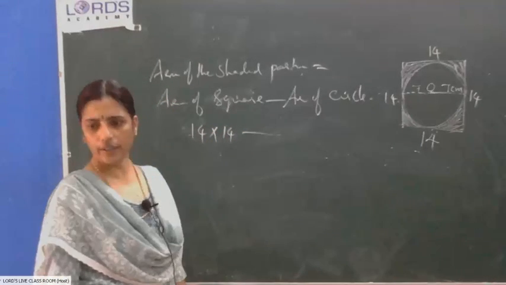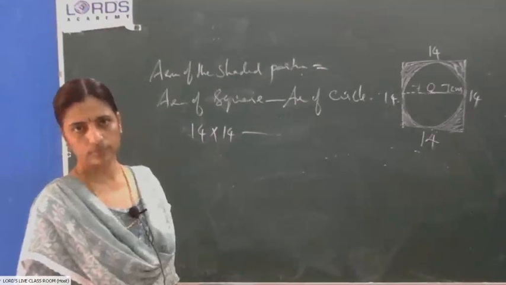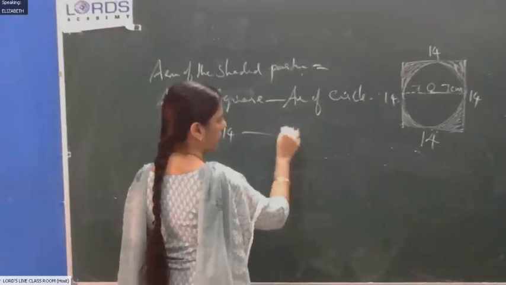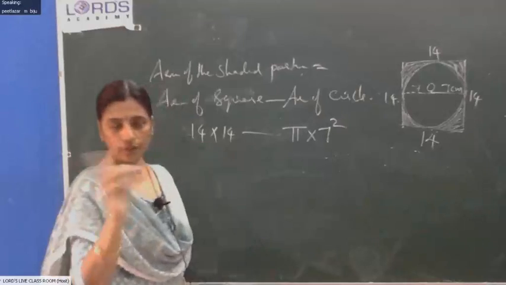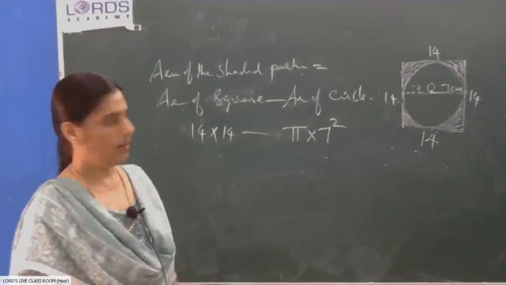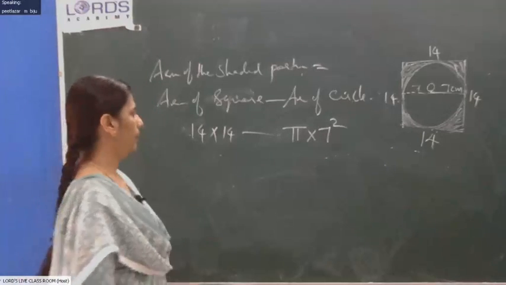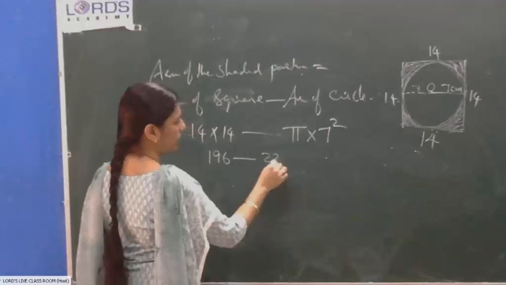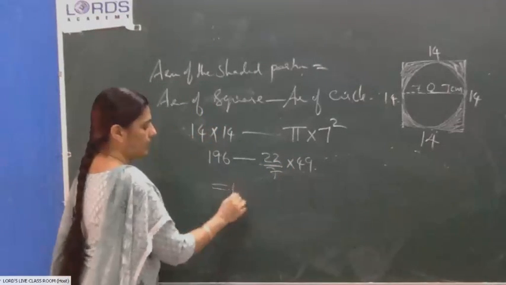What is the formula for finding the area of the circle? Pi r square. Pi into what is r? 7 square, not 14. R is 7. Got it? So 196 minus 22 by 7 into 49. Get the answer?